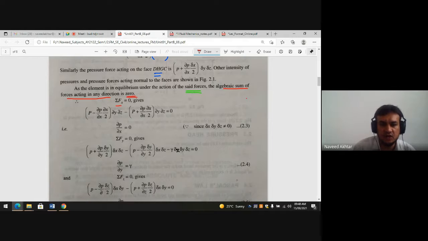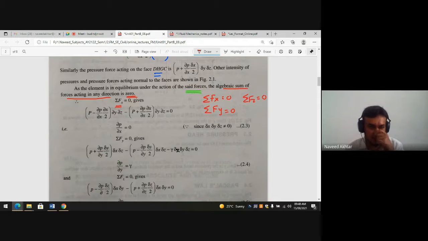How many directions are there? It is a 3D element. So ΣδFx is equal to 0 in one direction, ΣδFy is equal to 0 in another, and ΣδFz is equal to 0 in the third. Now we consider the x direction only.